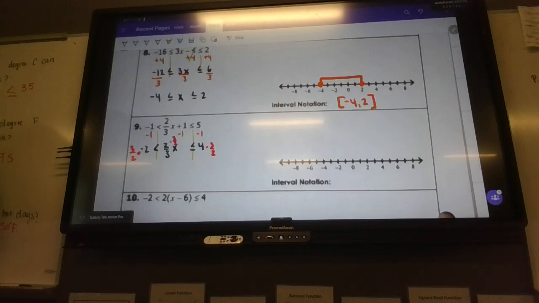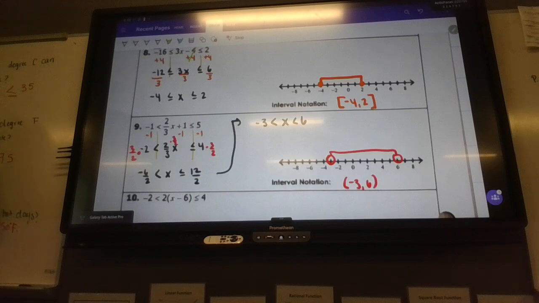All right, so now I'm at -6/2 is less than x is less than or equal to 12/2. So -3 is less than x is less than 6. Open circle, everything in between.